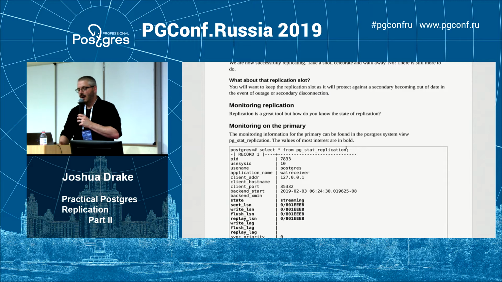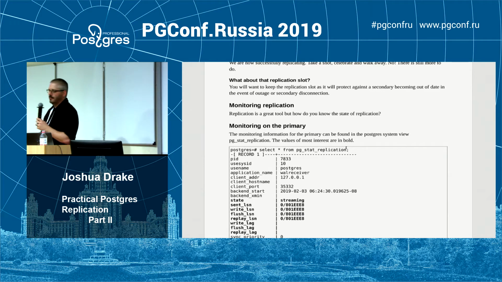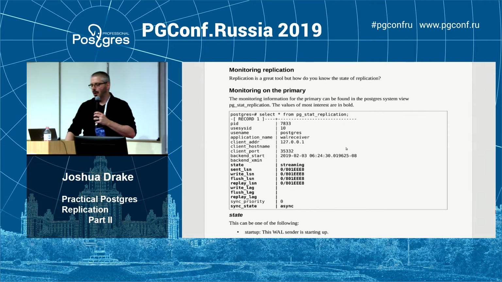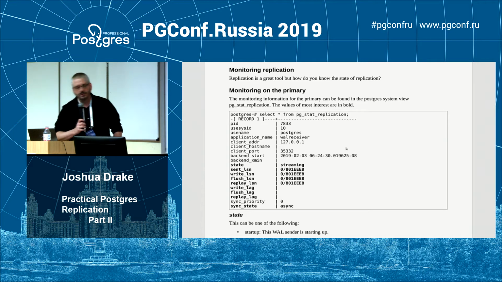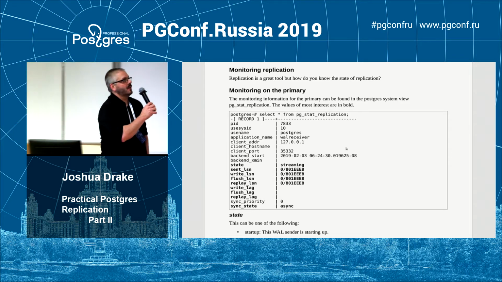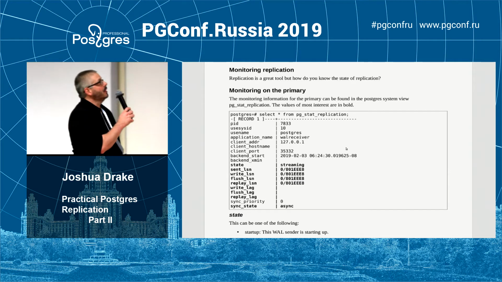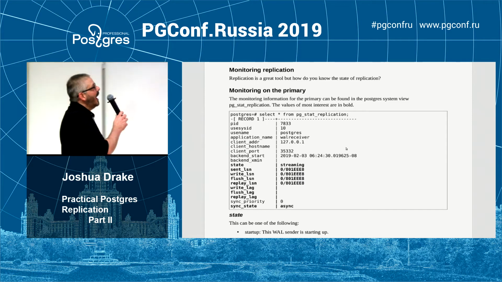Monitoring replication. Replication is a great tool, but how do we know the state of replication? How do we know everything's working? On the primary, we have a system view called pg_stat_replication. The values of most interest are in bold. It's useful to know the other stuff, don't get me wrong, but if you just want to make sure it's working, if you look here, my state, I am streaming.